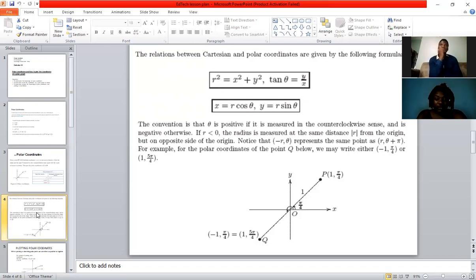Now the convention is that theta is positive if it is measured in the counterclockwise sense. Do you know the counterclockwise sense? Yes.